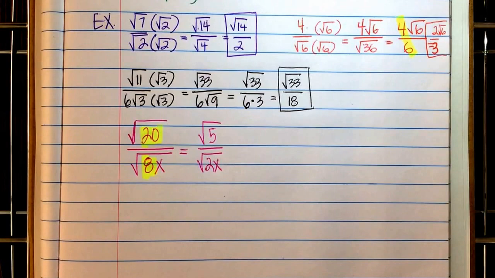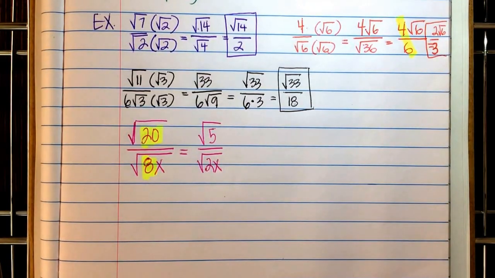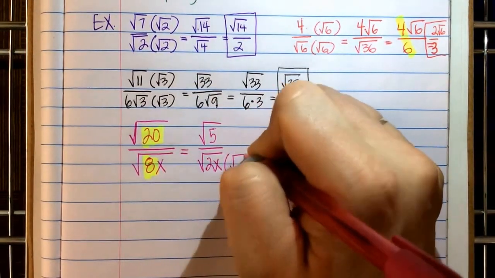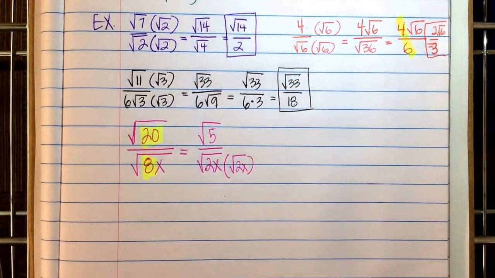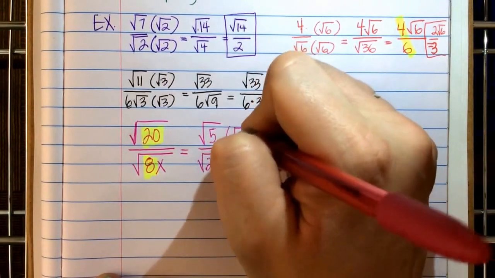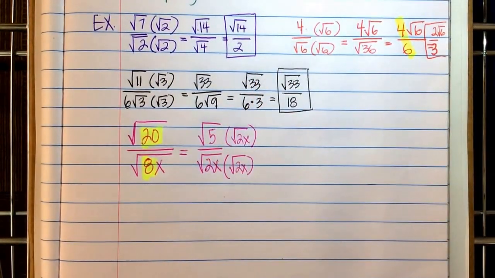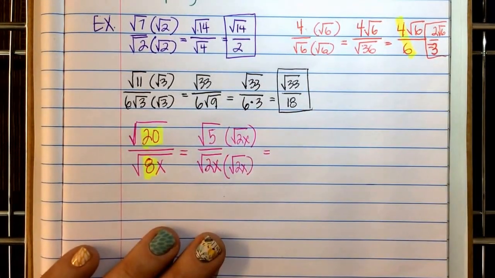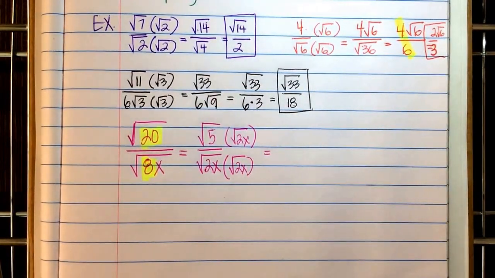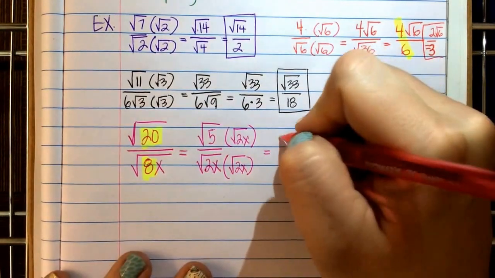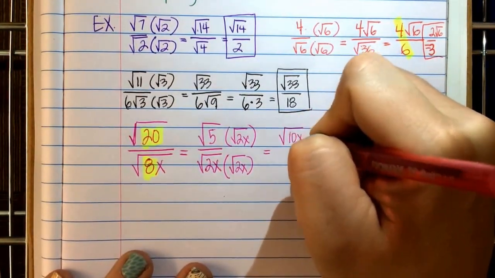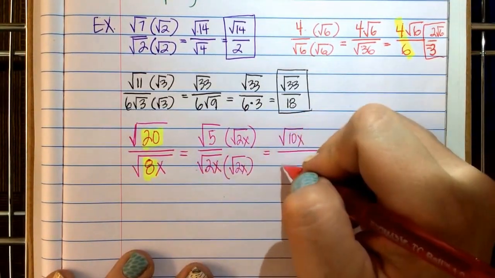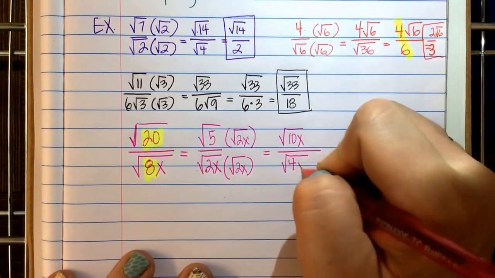So what's happening here? Multiply by radical 2x, because that's my denominator's radical. So what happens in my numerator? Radical 10x over, you could take it one step further and say radical 4x squared.